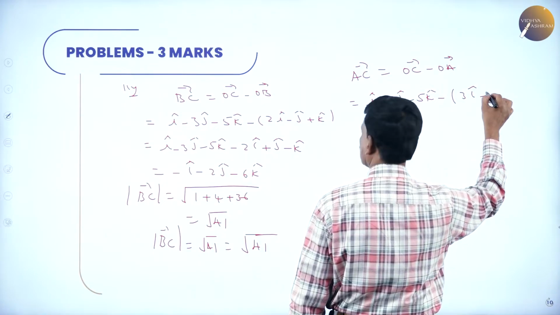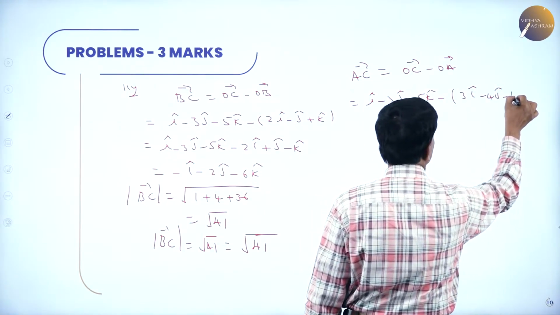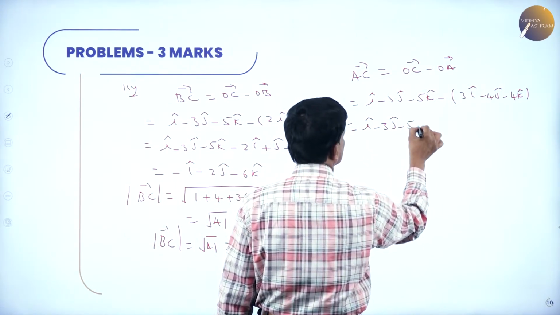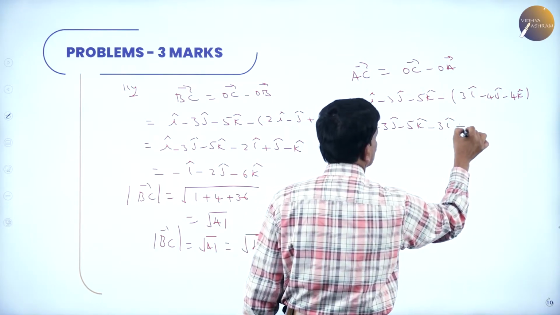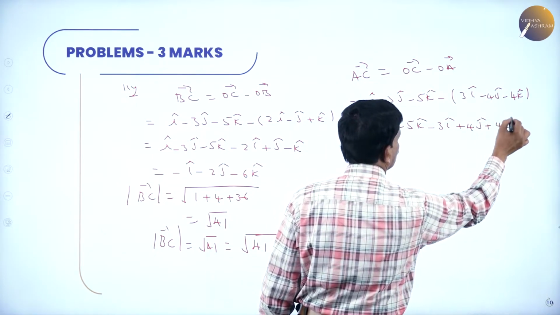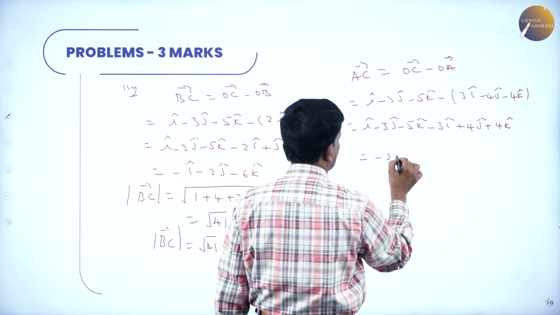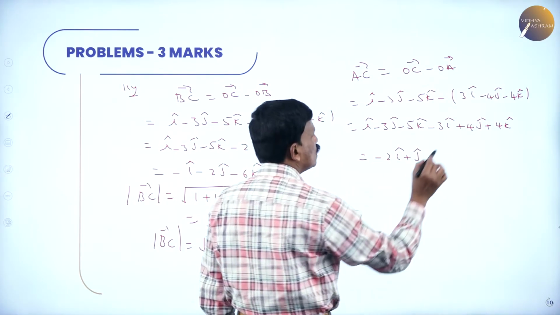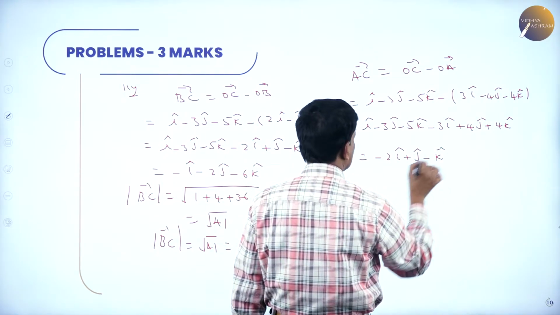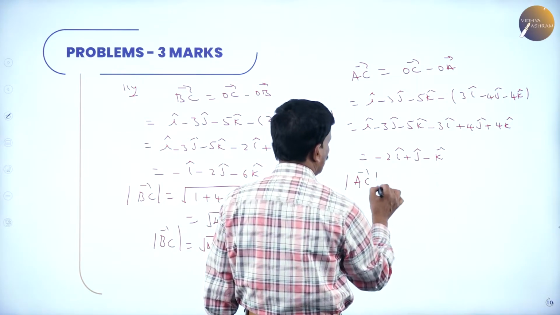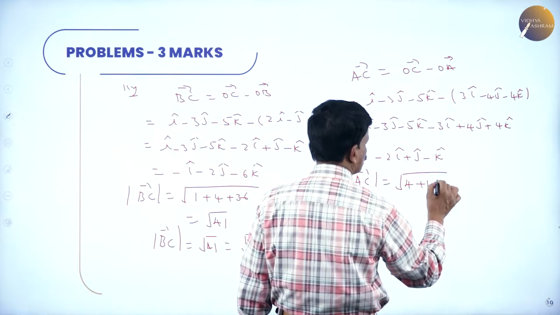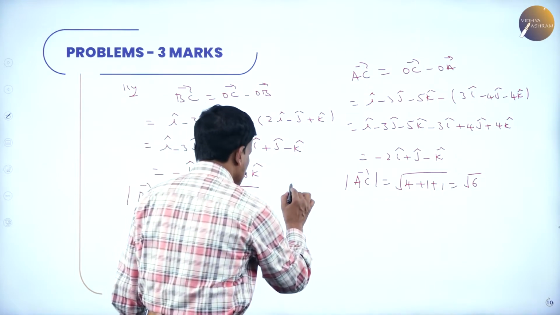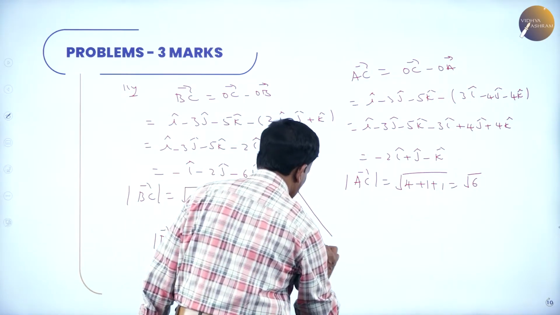Simplify this. i minus 3j minus 5k minus 3i plus 4j plus 4k. i minus 3i is minus 2i, plus 4 minus 3 is plus j, and minus 5 plus 4 is minus k. Now find out the magnitude. Magnitude of AC is equal to root of 4 plus 1 plus 1. This is root 6.